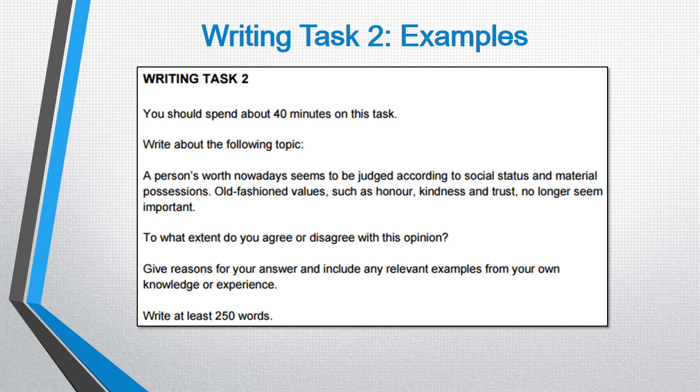Old-fashioned values such as honour, kindness and trust no longer seem important. To what extent do you agree or disagree with this opinion? As you can see, there's nothing to get extremely worried about as regards the difference between academic and general types of questions. Let's just have a look at one more though.